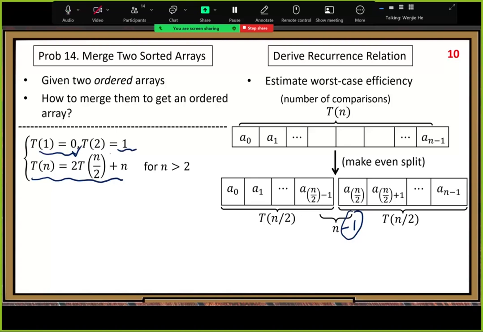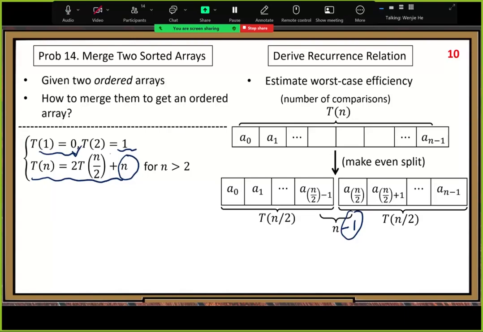We need to sort 2 subarrays, so that's 2 times T of n over 2. After that, we need to merge 2 ordered arrays. For the worst case, the merge step needs n minus 1, but here we just use n. We drop that minus 1. So we get this recurrence relation.